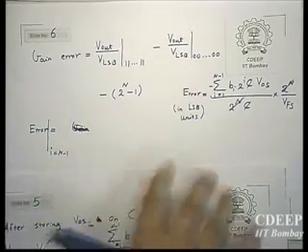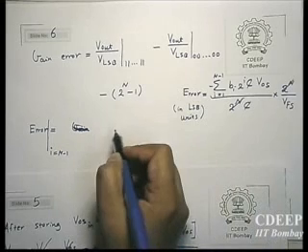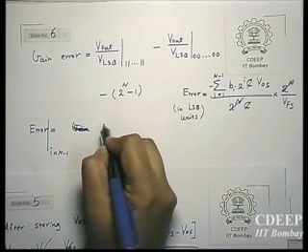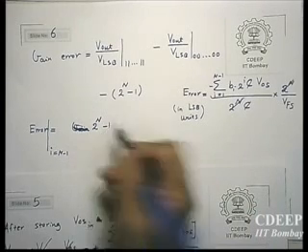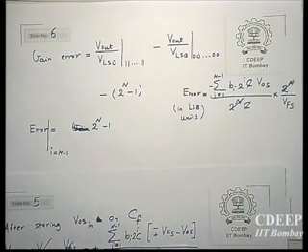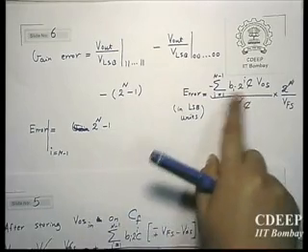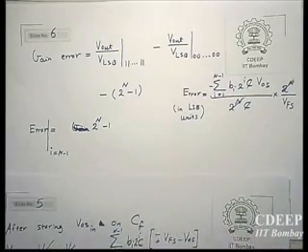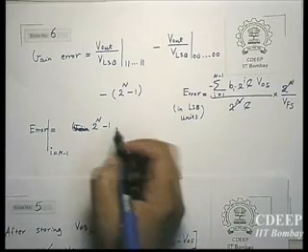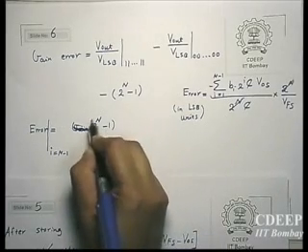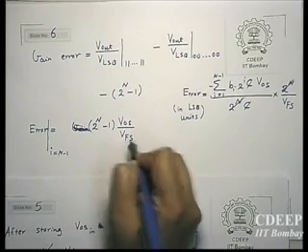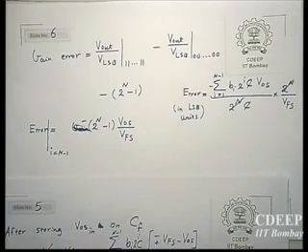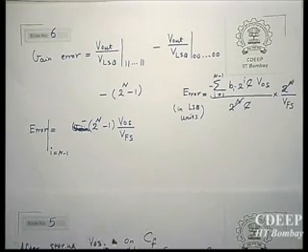Error at i equal to n minus 1 will be 2 to the power n minus 1, since it is the summation of all of them when all are 1, into V offset upon V full scale. This is in LSB units.